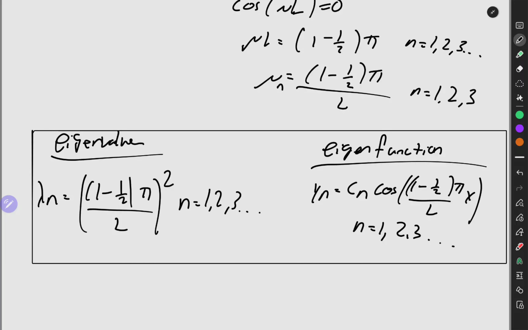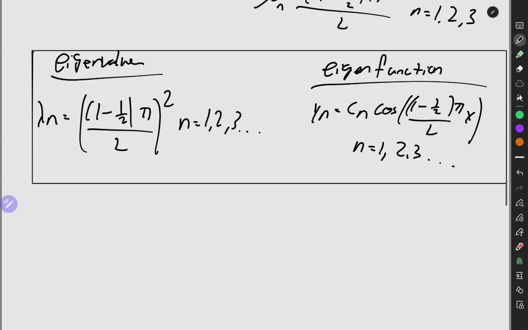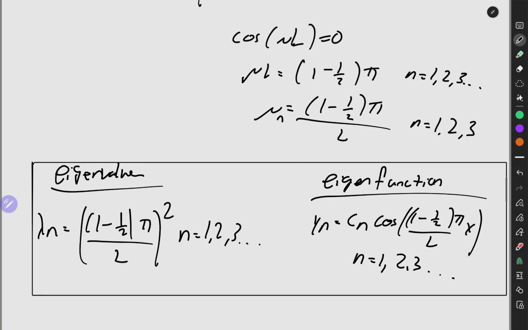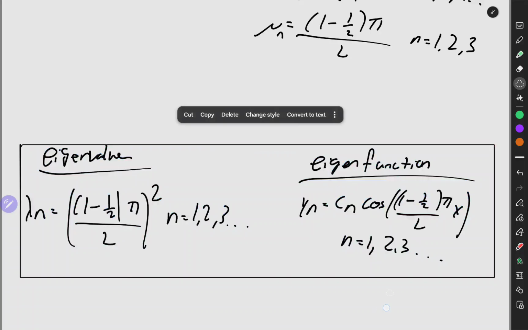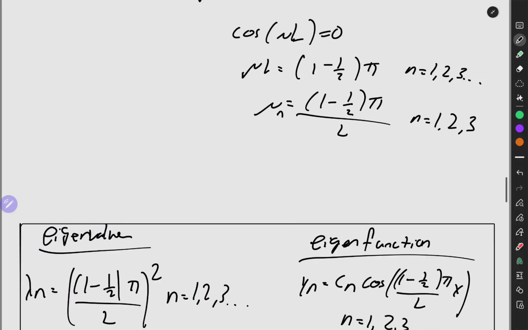Let me make sure that's right. Oh yeah, look. You can also write this. Let me move this down. Forgot about that. I could have done this on the other ones too. You can rewrite this. This can also be 2n minus 1 over 2 instead of 1 minus 1/2.